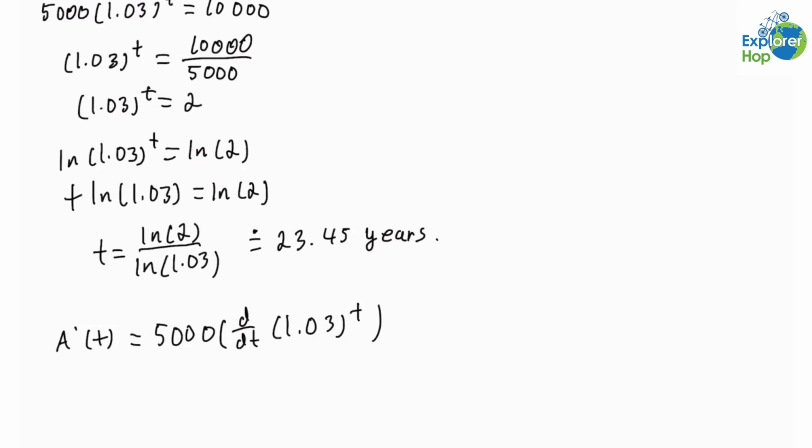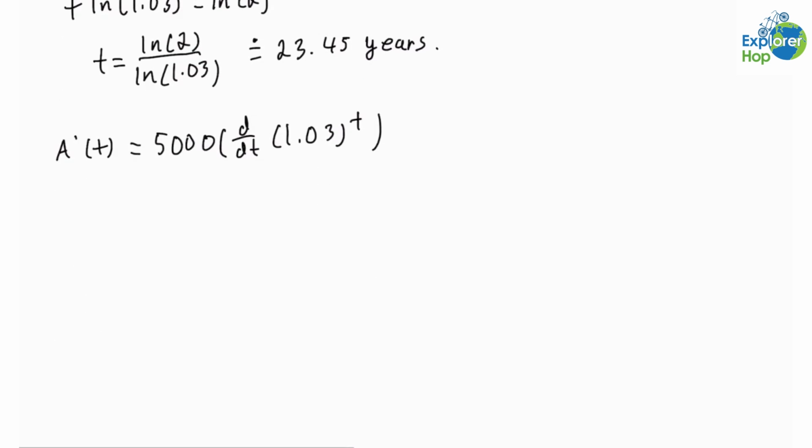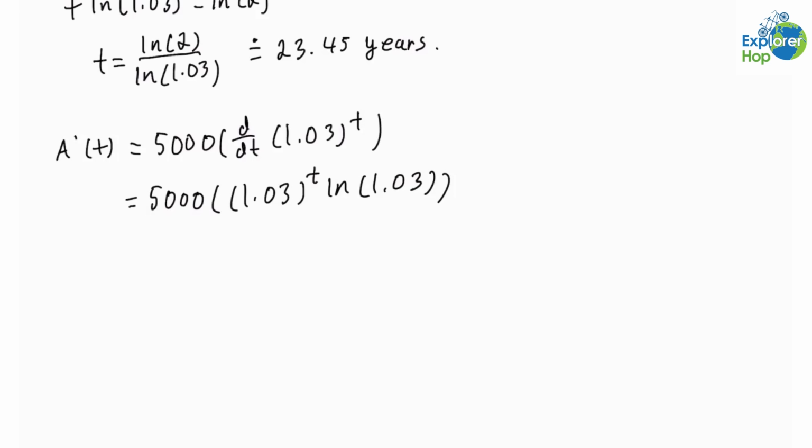And since 1.03 to the t is an exponential function in terms of t, this is equal to 5,000 times the derivative of 1.03 to the power of t, which is 1.03 to the t times ln of 1.03, which gives us 5,000 ln of 1.03 times 1.03 to the t.